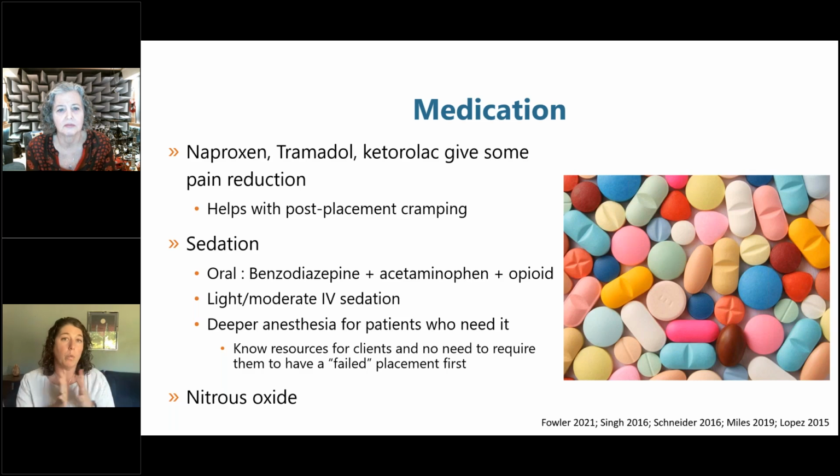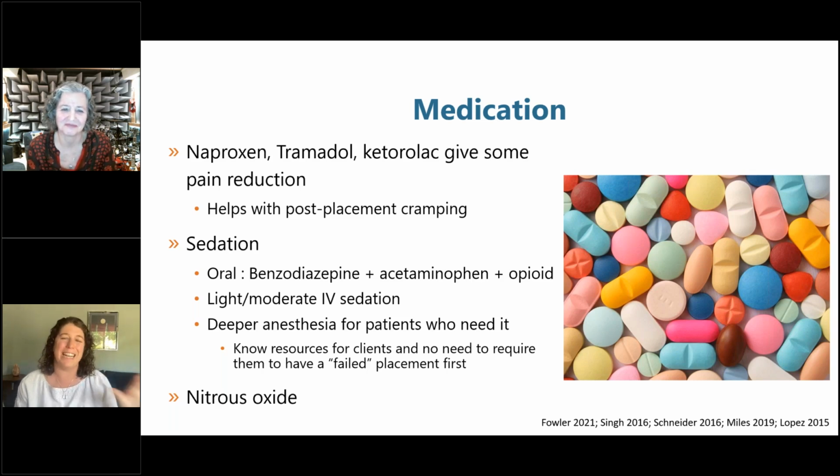So, at least where I work, we had to develop a really clear protocol on how we can be sending in prescriptions for clients if it's something they want, especially because, as many of you probably know, if you're trying to send in both a benzo and an opioid at the same time, it can sometimes flag a lot of things.